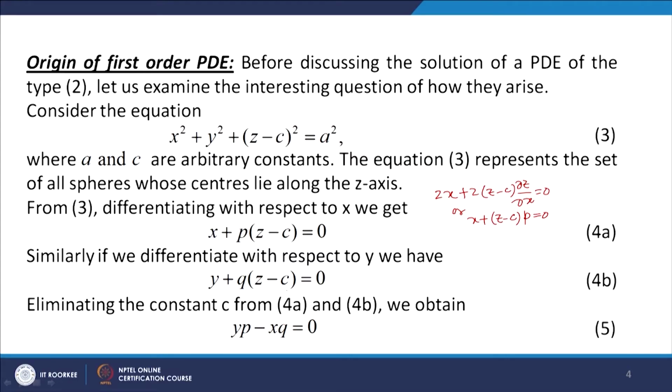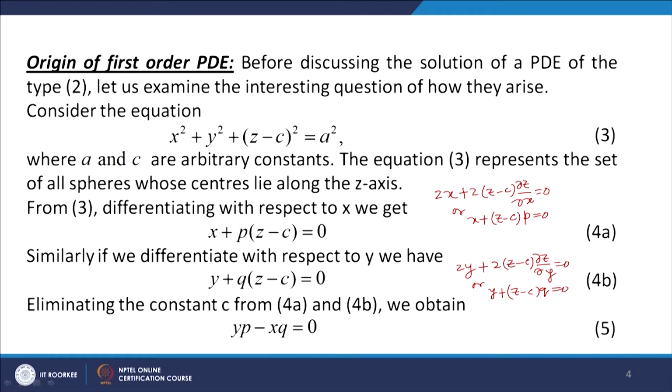Similarly, when we differentiate this equation x² + y² + (z − c)² = a² with respect to y, we get 2y + 2(z − c)∂z/∂y = 0, or we can say y + (z − c)q = 0.